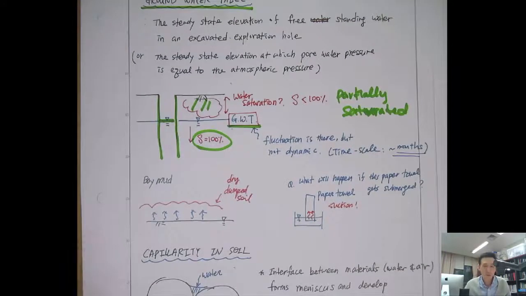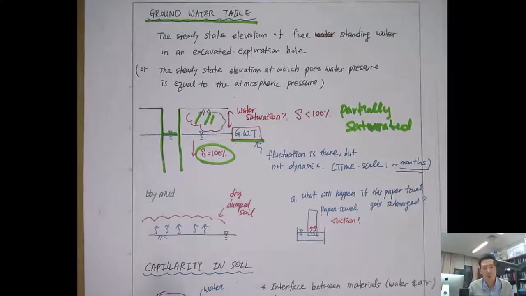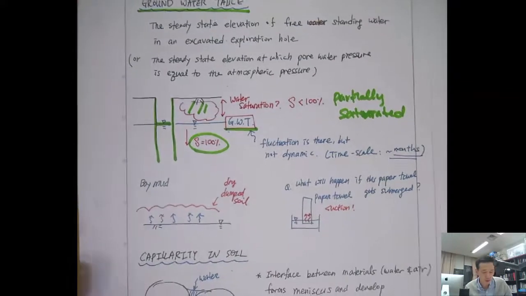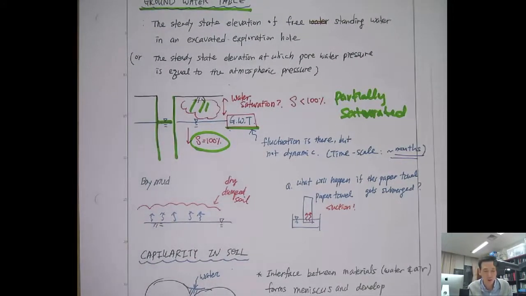So then, above the groundwater table, what will be the degree of saturation? Will you have the water saturation differ with the depth? You can think of capillarity. Capillarity is the phenomenon in which a small pore sucks the water up.